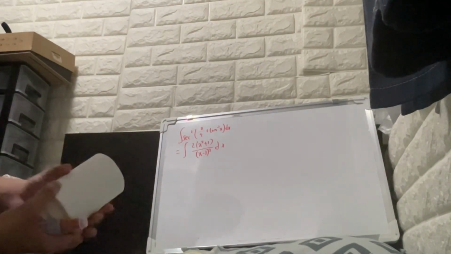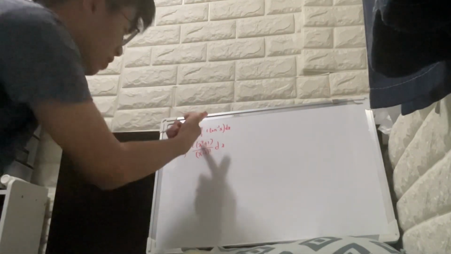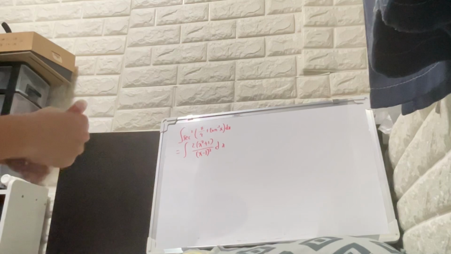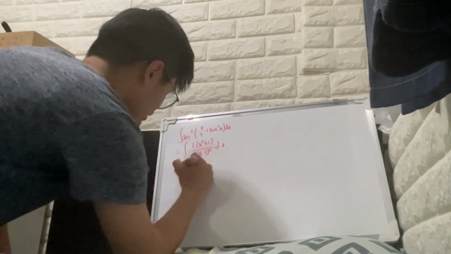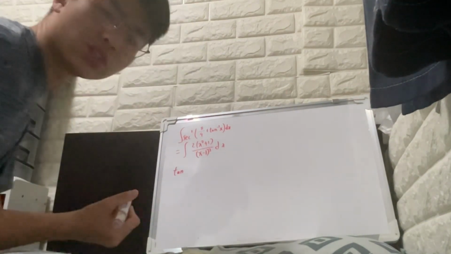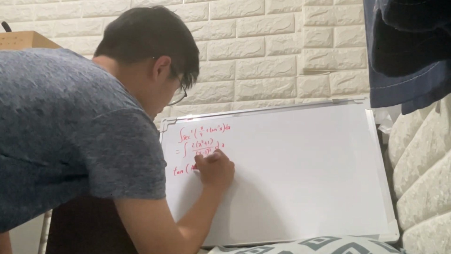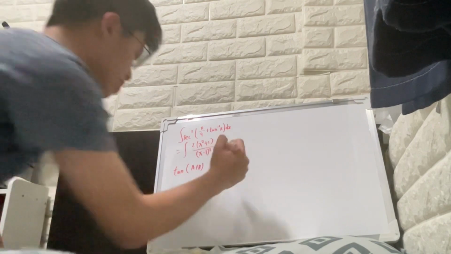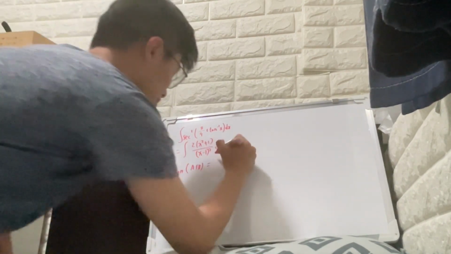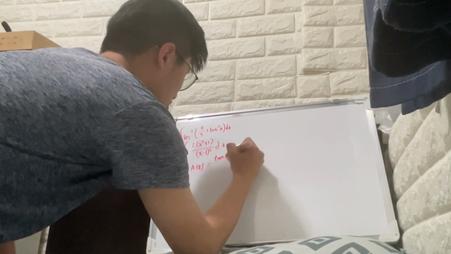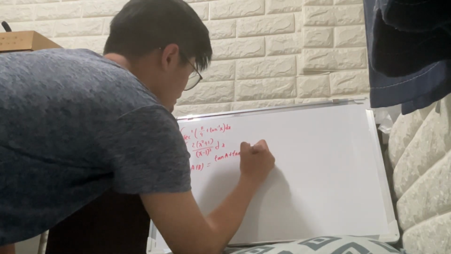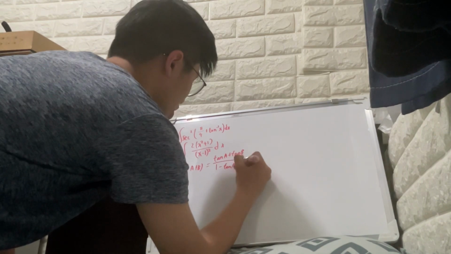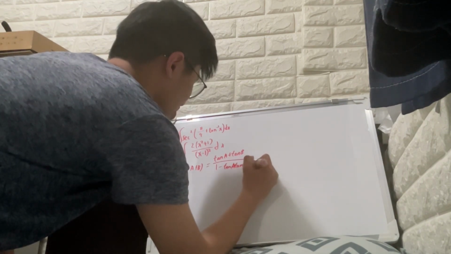Here, I'm going to change this in terms of secant. First, we need to know about the tangent formula. We know that tangent of a plus b, where a and b are angles, is equal to tangent a plus tangent b over 1 minus tangent a times tangent b, right?